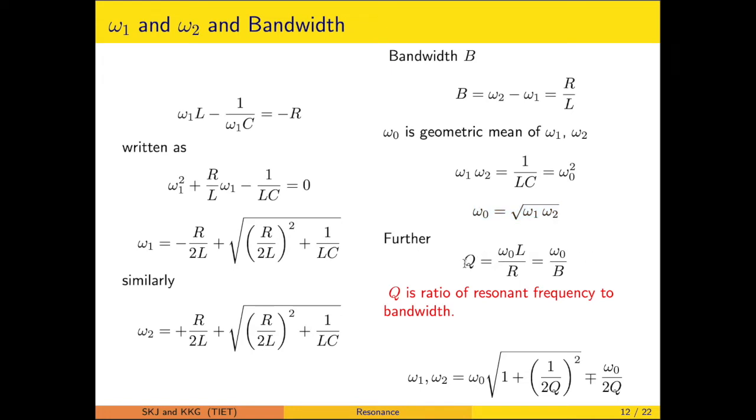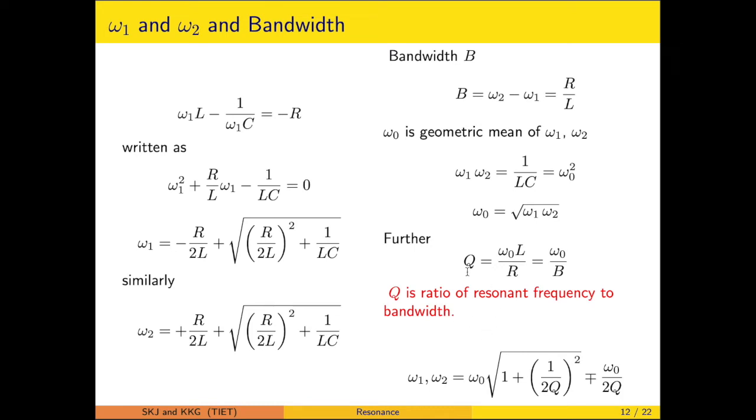The quality factor we have already defined as omega 0 L upon R, and the bandwidth has come out to be R upon L. So this results in the expression Q is equal to omega 0 upon B, the resonant frequency upon bandwidth. As the bandwidth narrows, the Q value increases. So Q is the ratio of resonant frequency to the bandwidth.